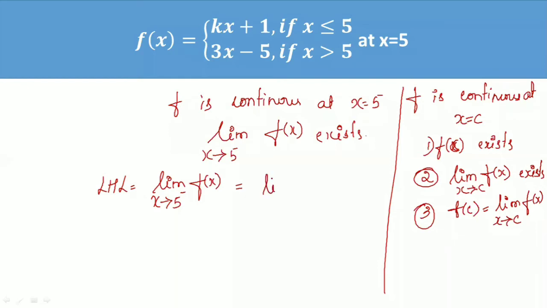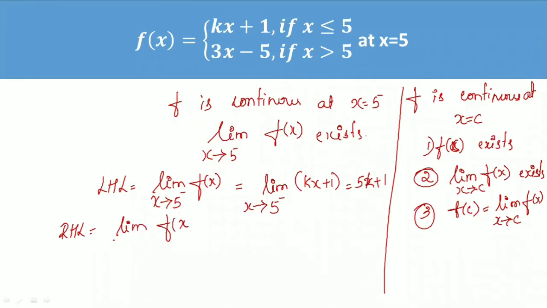So it is limit of kx plus 1 as x tends to 5 from the left, which is equal to 5k plus 1. And the right hand limit is limit f of x as x tends to 5 from the right, which means you are taking values greater than 5.